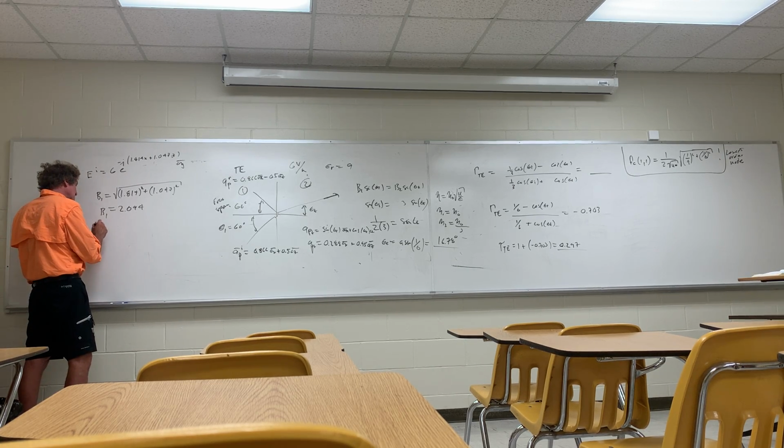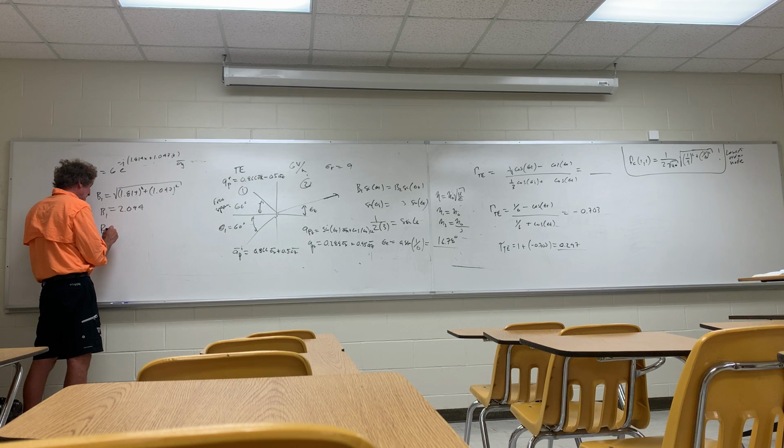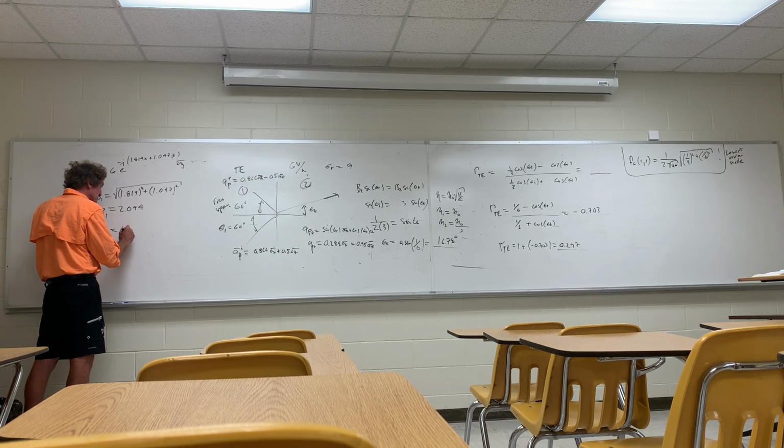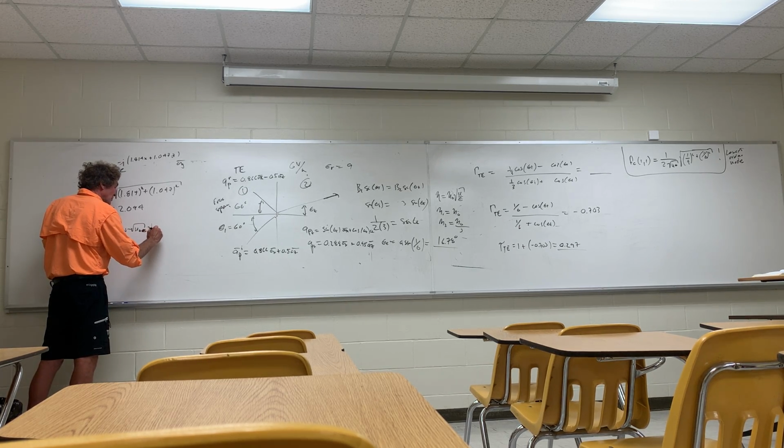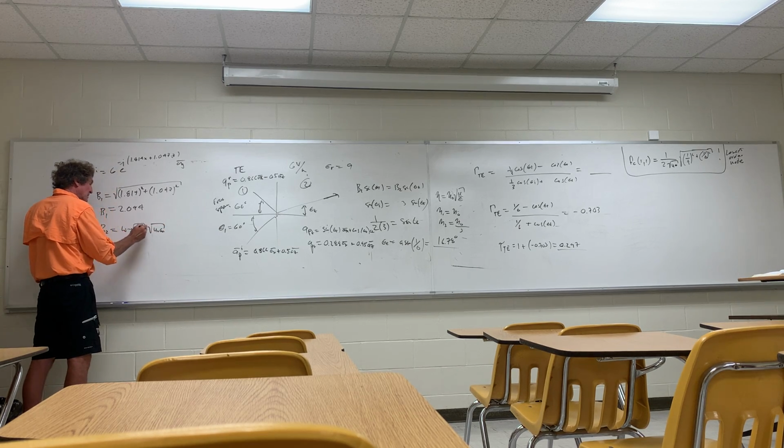So what's beta in region 2? Well, beta in region 2 is omega times square root of mu naught epsilon naught, times square root of mu relative epsilon relative in region 2.